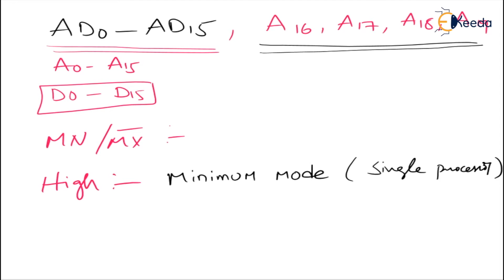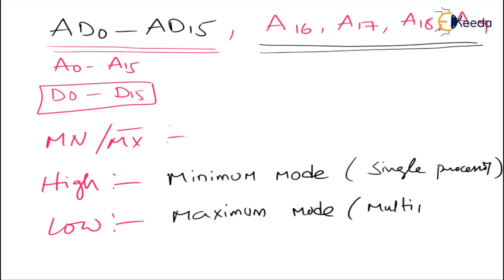So when it is low, it means the processor is operated on maximum mode. What is meant by maximum mode? Multiprocessor. That means we are using two or more processors. Multiprocessor means two or more processors, right?